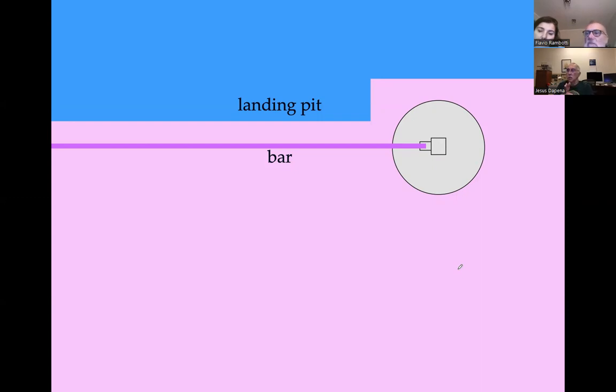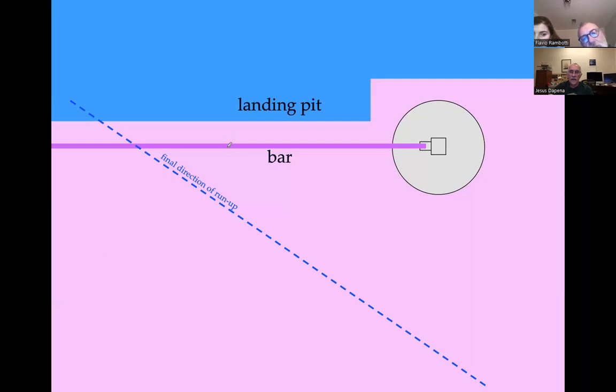Then you reach the curve, so you turn more and more towards the left. So at the time that you plant your foot on the ground to start the takeoff phase, you're not traveling perpendicular to the bar anymore, but you also are not traveling parallel to the bar anymore. You're moving in a diagonal direction relative to the bar.